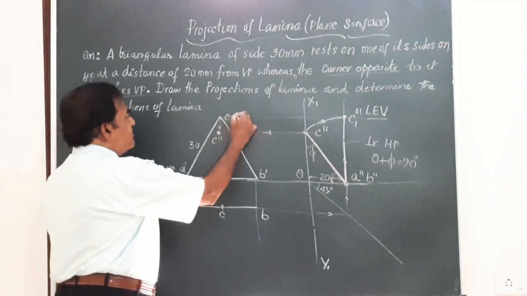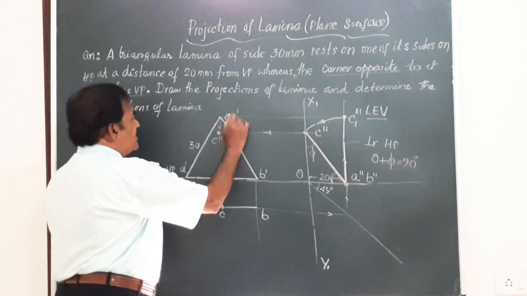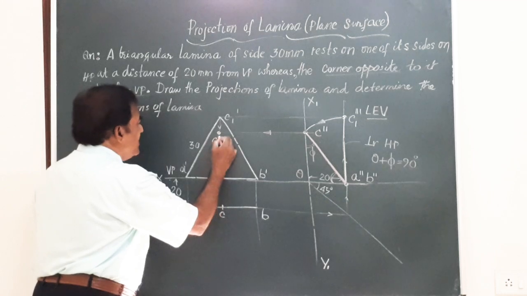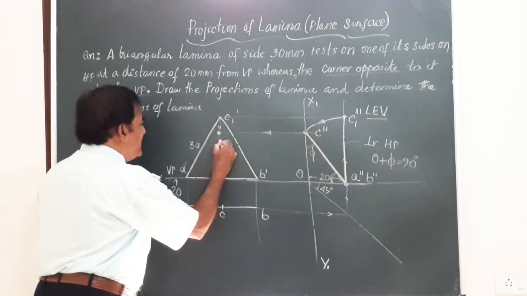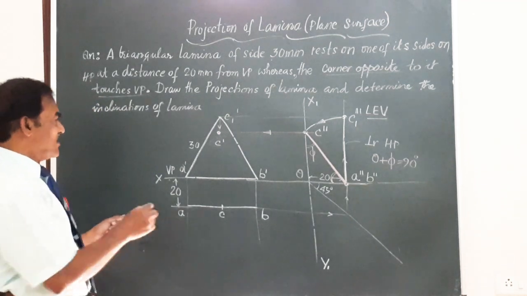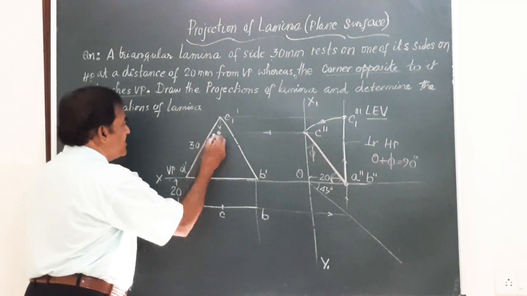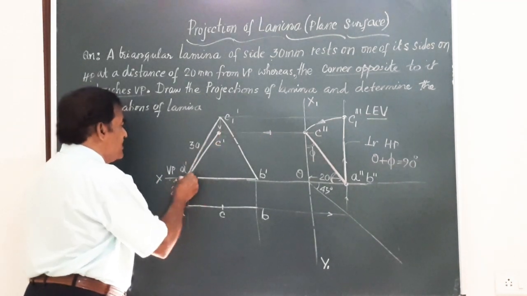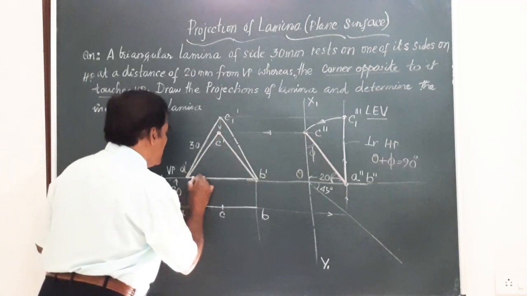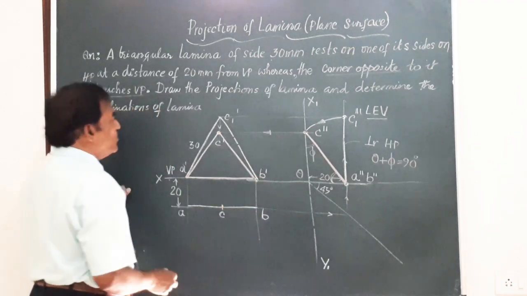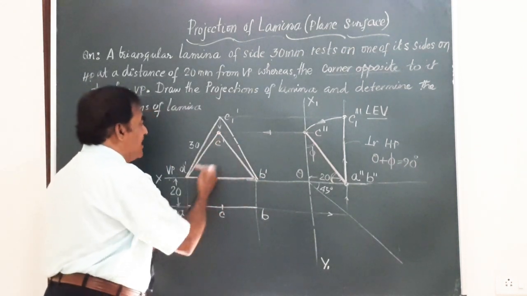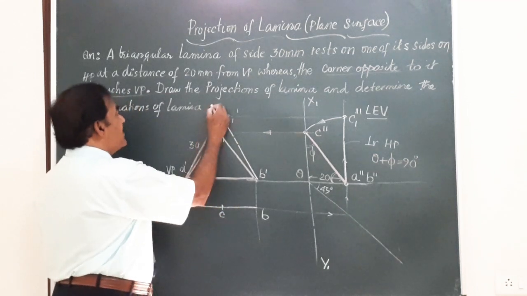You can call this C1 double dash to start with, C1 dash. So this is going to be your C dash. So C dash represents the final front view of that corner. Join C dash to A dash, C dash to B dash, and this AB is intact. So finally this smaller triangle will give you the front view.